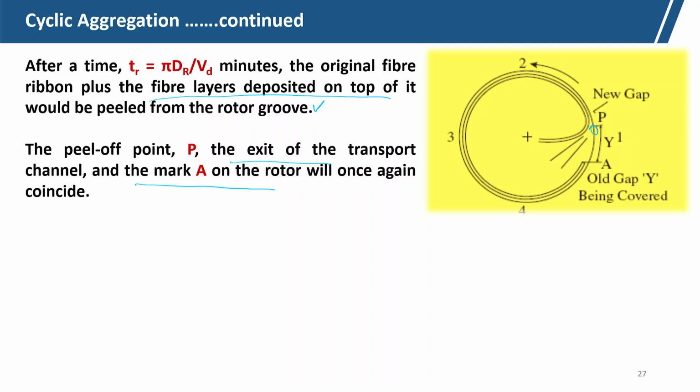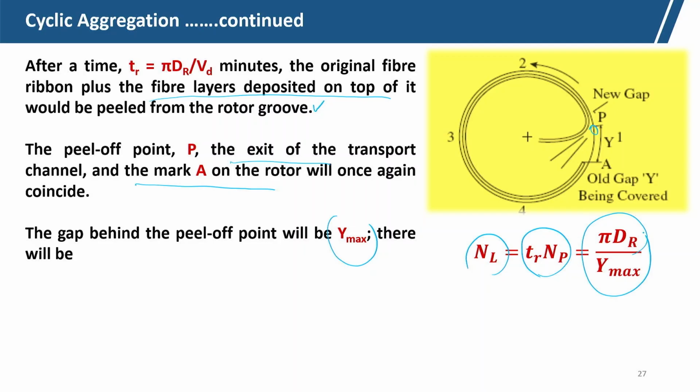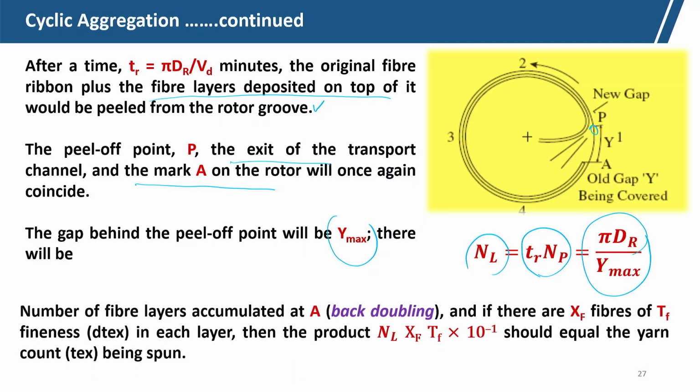Once again it will coincide and the gap behind the peel off point will be Y max. N L will be T r multiplied by N p, pi d r by Y max.